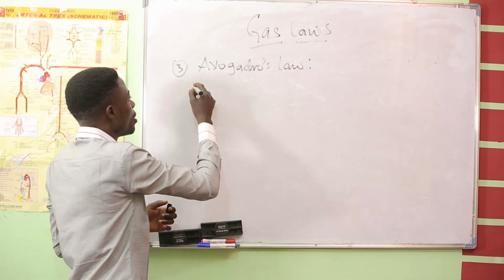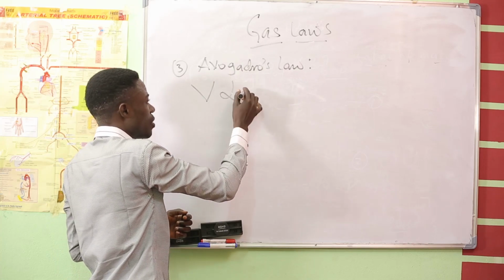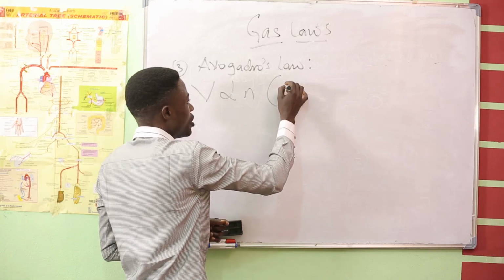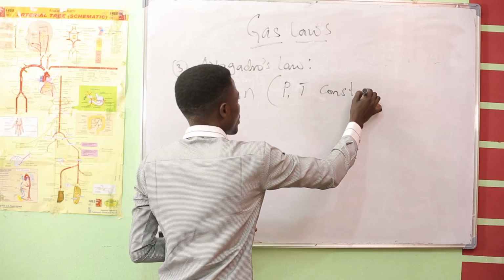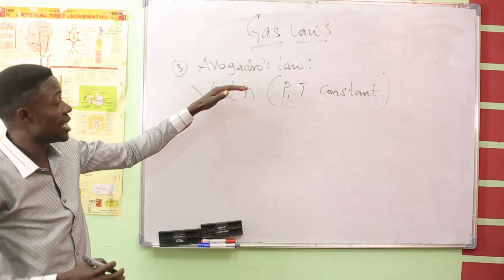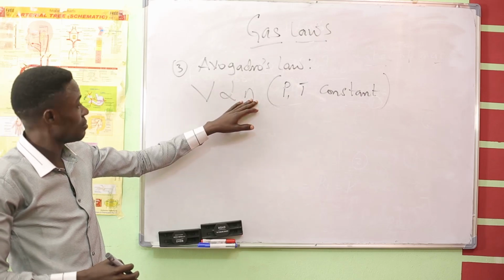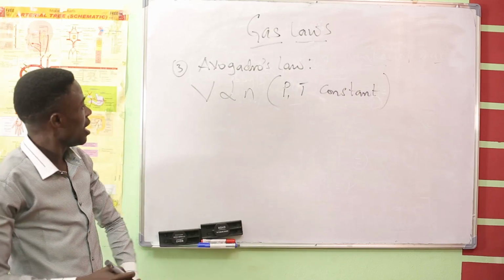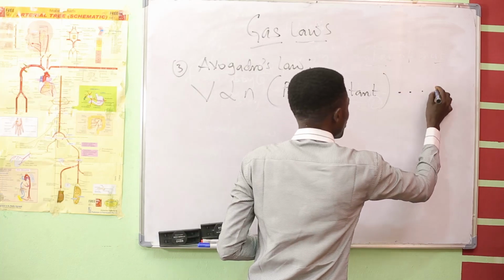And mathematically, we have it that V varies directly with N, where P and T are kept constant. So that's the mathematical expression of Avogadro's law. I want to call this equation 4.